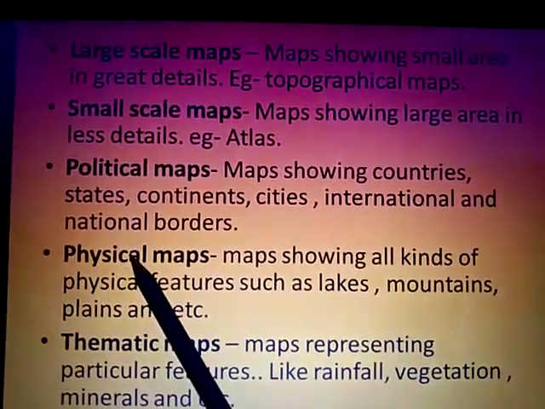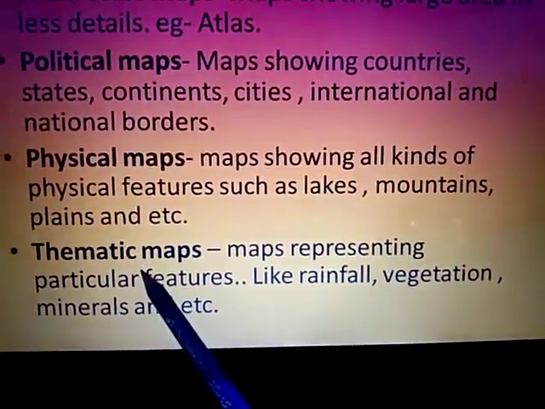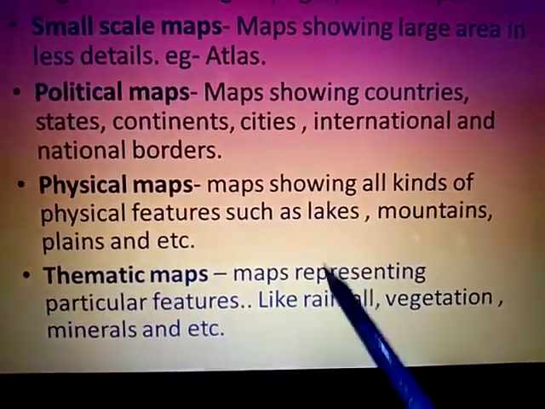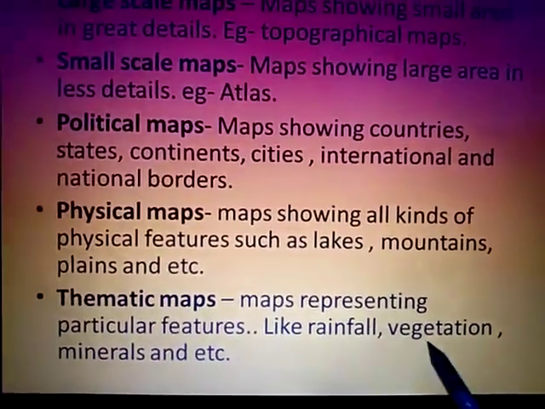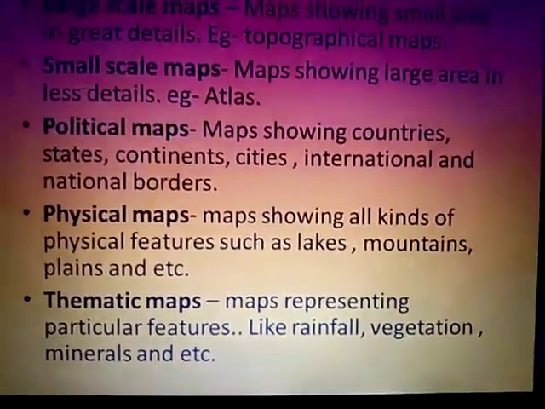All of these come under physical features. And lastly, there are thematic maps, which show you particular features, like the rainfall of an area, the vegetation of an area, or different kinds of physical aspects of an area.